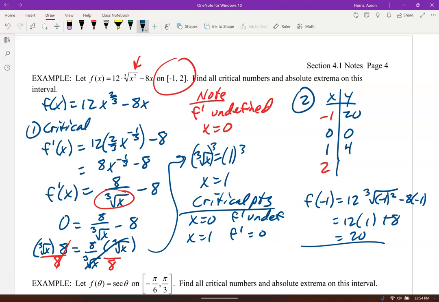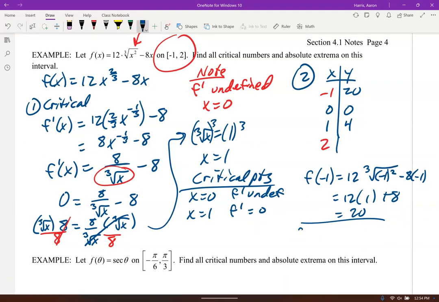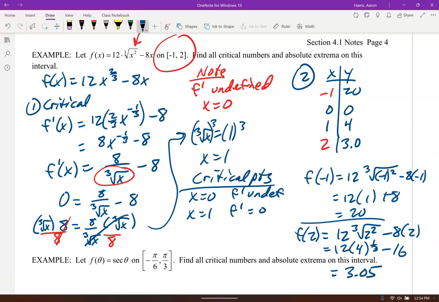Plug the 2 in. 2 squared is 4, so 12 times the third root of 4. Oh, that's kind of a mess. So I've got 12 times 4 to the 1/3 minus 16. I'm going to punch this in, and that gives me about 3.05.